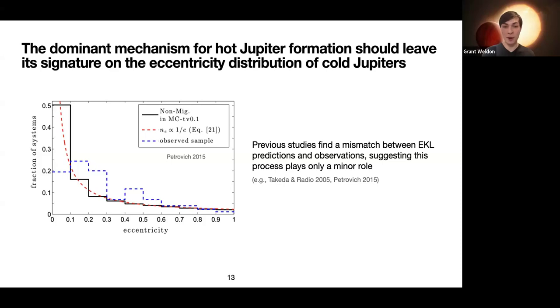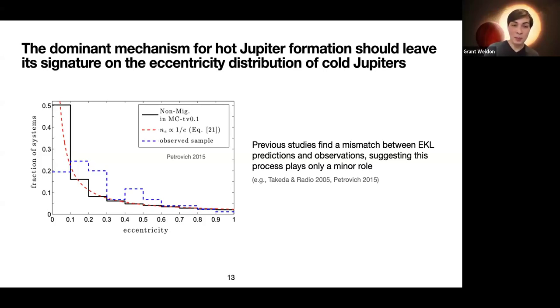And so this was studied before in this plot shown on the screen. In black is their simulated eccentricity distribution, and in blue is the observed sample. Red is just an analytical fit to their simulations. And you see that there's a mismatch between the predictions of EKL from the simulations and the observations.